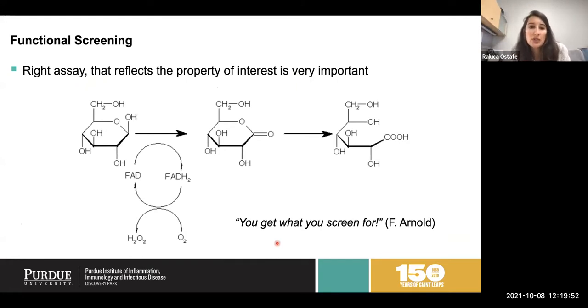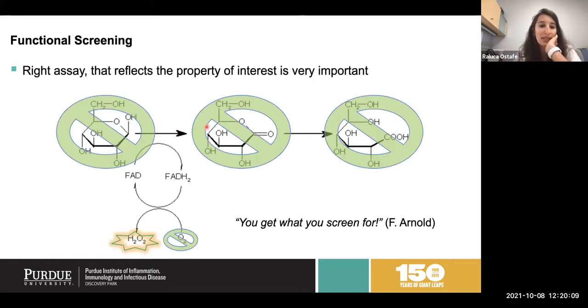In the case of glucose oxidase, which catalyzes the reaction of glucose to gluconic acid and reduction of oxygen to hydrogen peroxide, since we were interested in increasing the activity of the enzyme, we decided that the best option is to develop an assay that is based on the detection of the product of the enzymatic reaction, in this case being hydrogen peroxide.